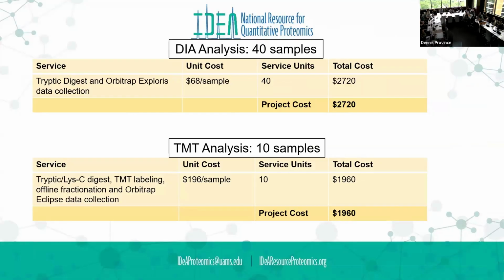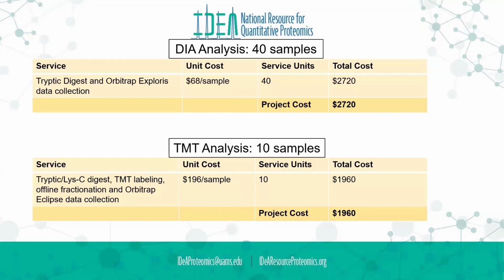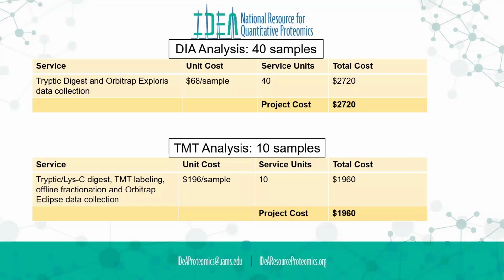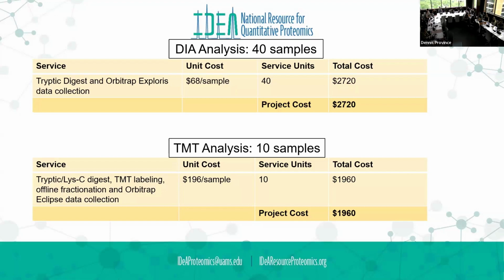Oh, yeah. So the run is $45 per run to do the data collection. Okay, so it's not including the sample preparation, everything. It's just the run. Yeah, $45. So you're going to pay $45 per run for data collection, and then we charge, as this slide shows, the trypsin digest is another $23.